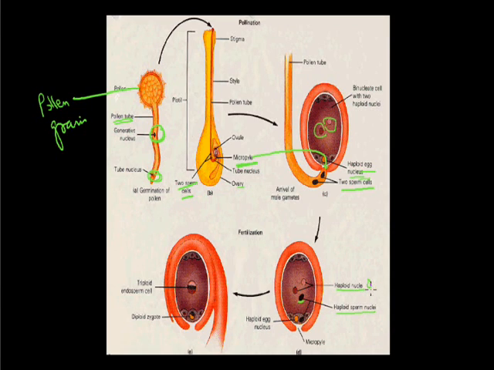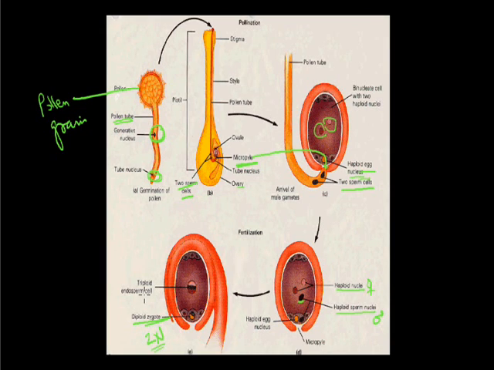This is from the female and this is from the male. The pollen tube sometimes degenerates, sometimes it remains in a degenerated form, but after releasing the male gamete, the haploid egg nucleus and haploid sperm nucleus come together and fuse, forming the diploid zygote. You can see this yellow colored part is the haploid egg nucleus, and this dark colored part is the haploid sperm. When both of them fuse, they form the diploid zygote.